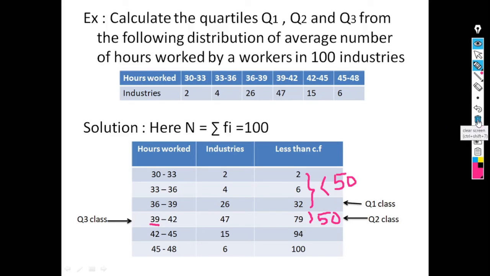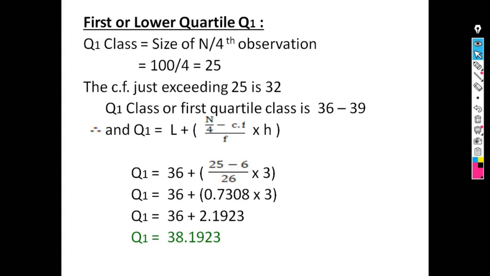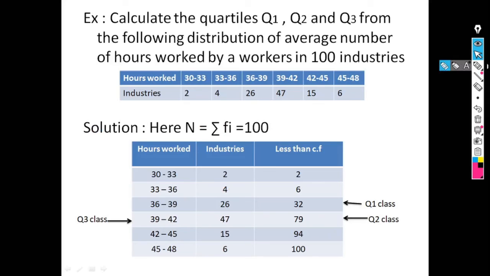Now just substitute all these values in that formula. So the lower limit is 39. So Q2 is equal to 39 plus n by 2, which is 50, minus CF, which means the cumulative frequency just preceding the Q2 class. The cumulative frequency just preceding this class is 32.